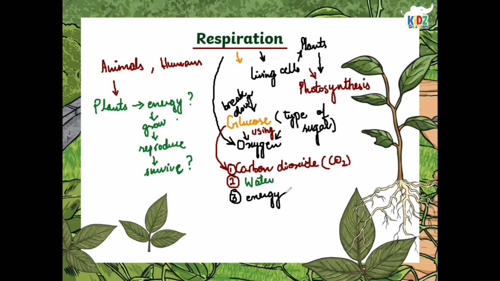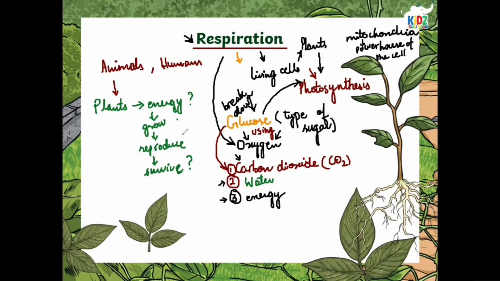So the glucose produced in photosynthesis is broken down into carbon dioxide, water, and energy with the help of oxygen in respiration. This process happens in the part of the cell called mitochondria, often referred to as the powerhouse of the cell. It is a part of the plant cell and it is present in the plant.